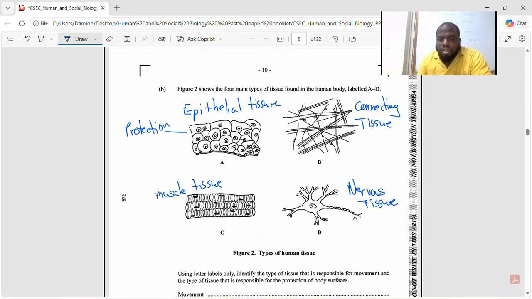So the connecting tissue, found in your muscles, they help, well, not in the muscle, we're talking about bone. So when you think about movement, nervous, we're talking about impulses.